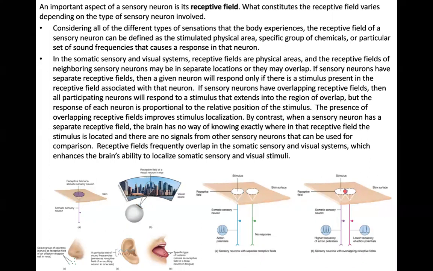Okay. Other examples would be the amount of chemicals that we need to experience a smell, the amount of chemicals that we need to initiate a taste, and sound waves as well.